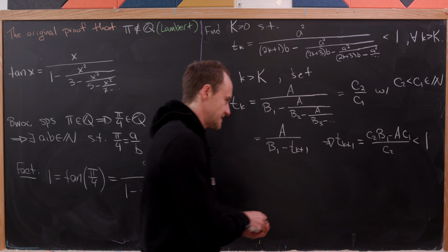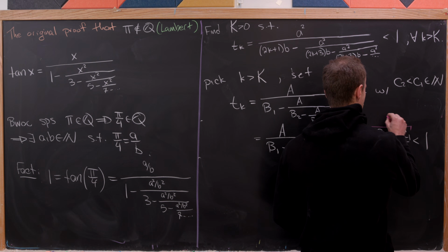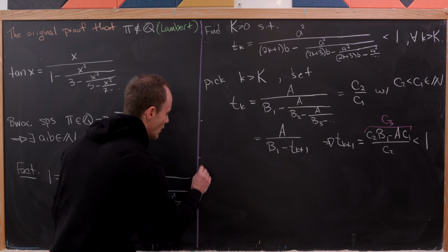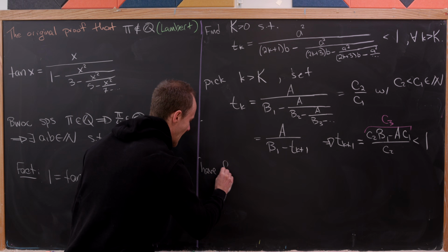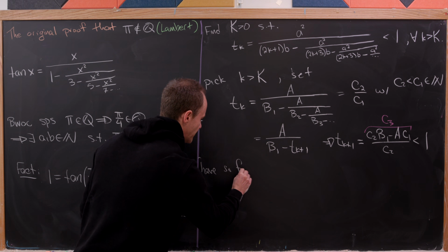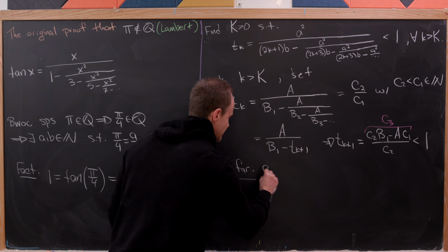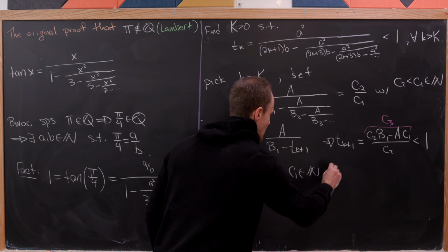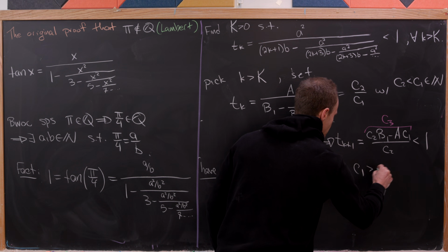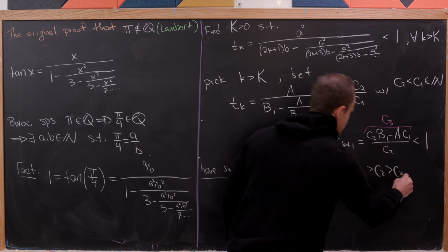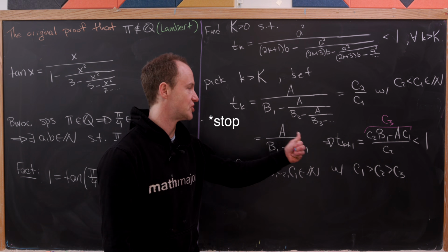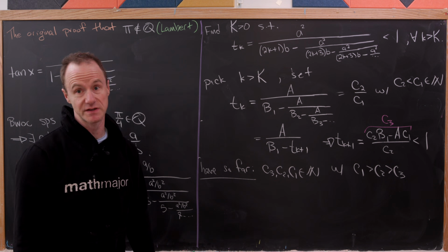But then I'll just take that numerator right there and set it equal to c3. So now let's see what we have so far: natural numbers c3, c2, and c1 with c1 bigger than c2, bigger than c3.